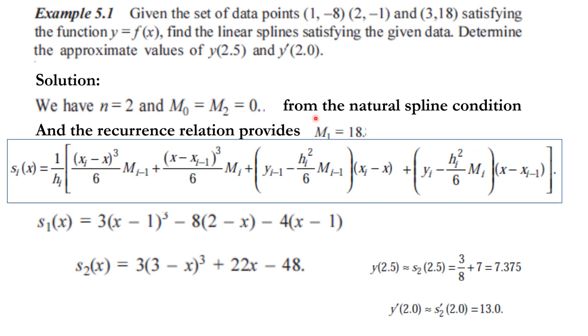And using the recurrence relation, we obtained simply m1 equal to 18, because the recurrence relation becomes very simple in this case, they are equally spaced and m0 and m2 are zeros.